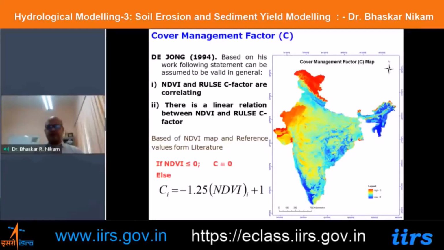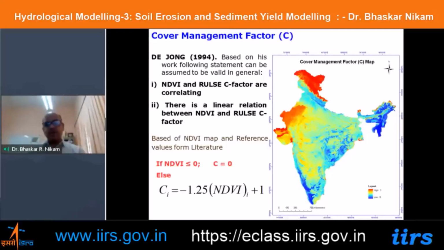Now, you all know NDVI value 1 means very dense, healthy vegetation. If that is the case, with very healthy, dense vegetation, we can safely assume that erosion from that area will be minimal. Now, mathematically, for erosion to be minimum in the Russell equation, the value of C factor should be minimum.